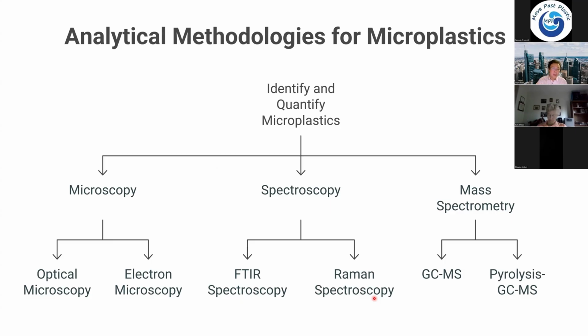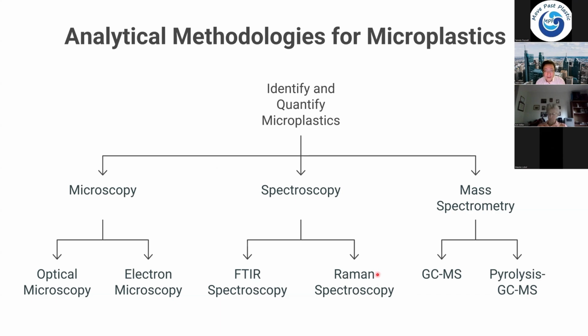In my ongoing study, we use this Raman spectroscopy analysis method, and we also use FTIR as a complementary method. We also use optical microscopy. But today, I'm just going to show some of the ongoing progress of our study results using Raman spectroscopy.